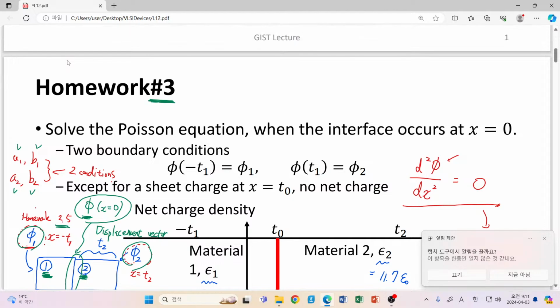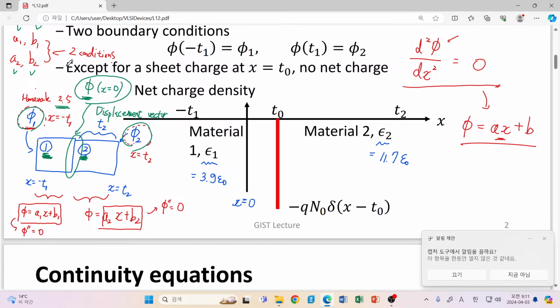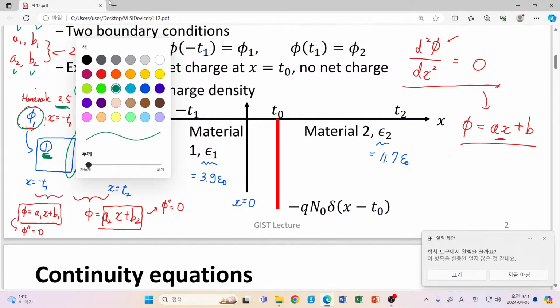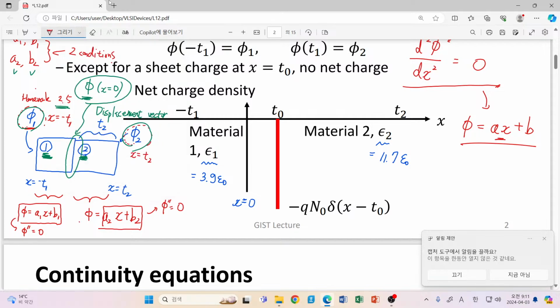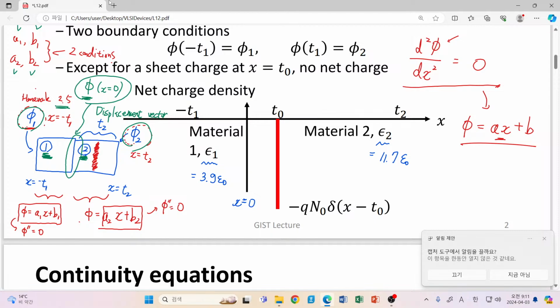Now, in this preliminary system, I did not consider any kind of charge state inside it. However, now I'm asking you to consider another charge state located somewhere here, at x equals t sub naught.